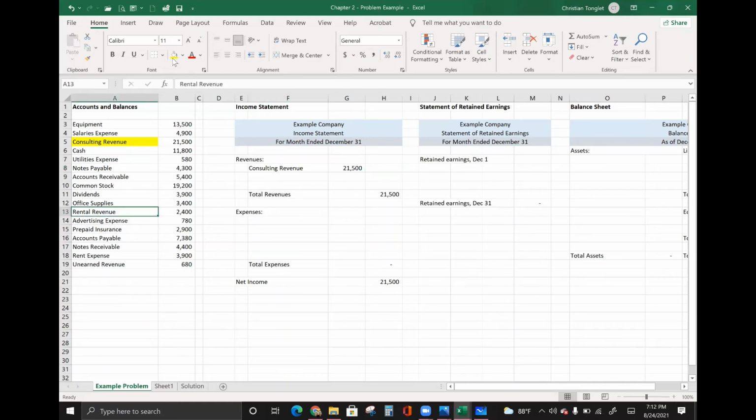Rental revenue, $2,400. That's it for my revenue accounts. I have unearned revenue. Don't get confused. We haven't done that yet, so we can't say that we made money on that yet. You have to wait.